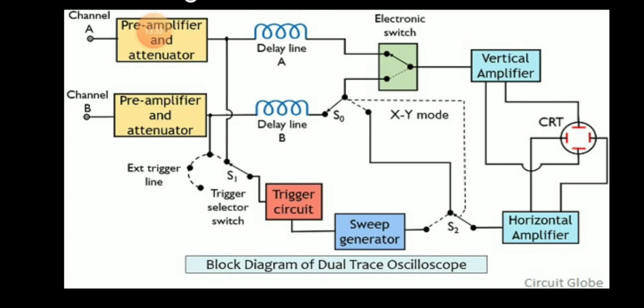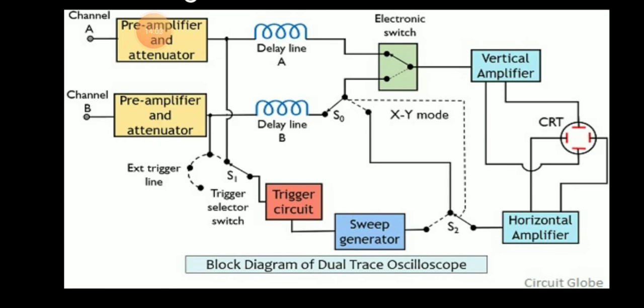It consists of a single electron gun, CRT, electronic switch, vertical amplifier, delay line, trigger circuit, sweep generator, horizontal amplifier, and two attenuators and pre-amplifiers.